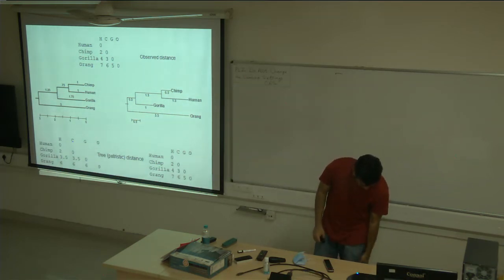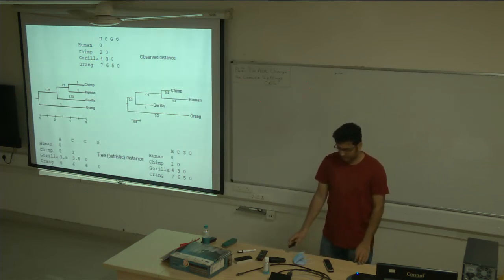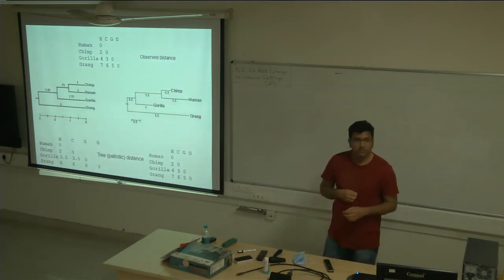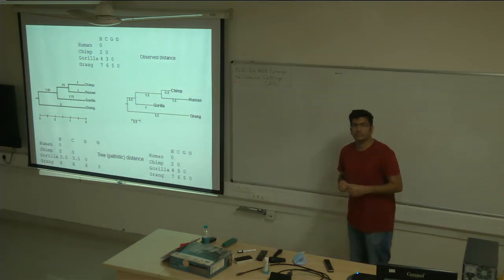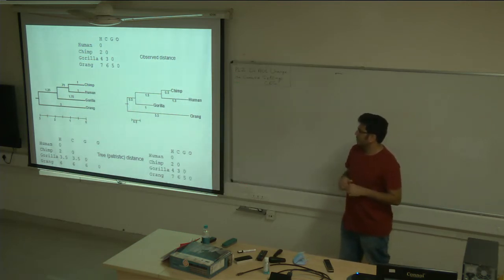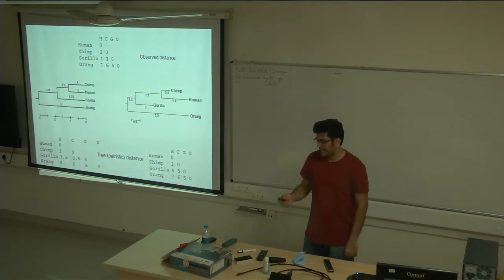You know, that whole gymnastics with total distance and rate corrected distance is to incorporate the rate variation. And the other thing you might have observed here is that all the species in the UPGMA tree are lined up. They are at the same distance from the root.